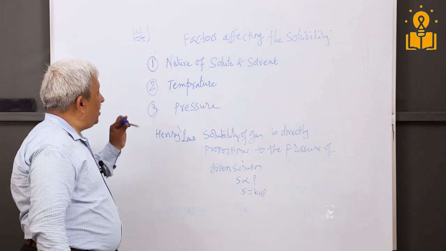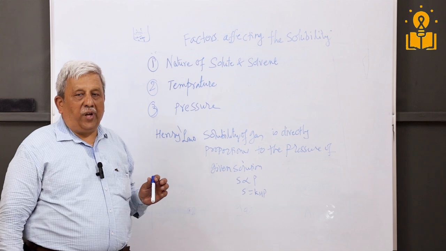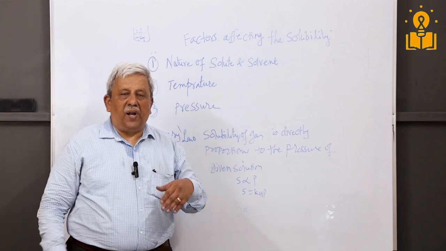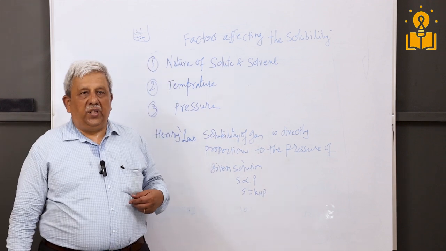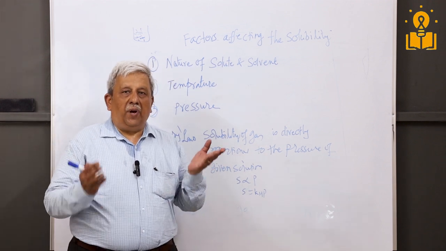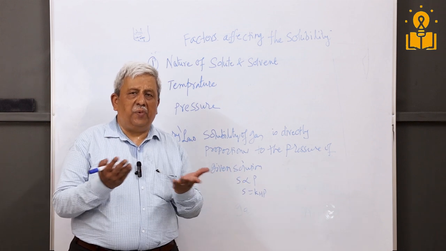That's why we say the nature of the solute and solvent matters, and both should be of like type. For example, if you try to mix alcohol and acid, they get easily mixed because both are similar.